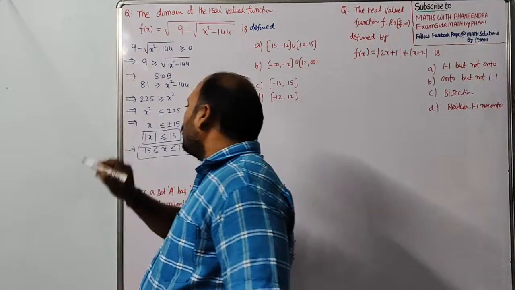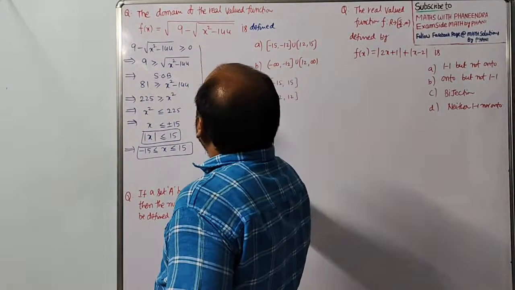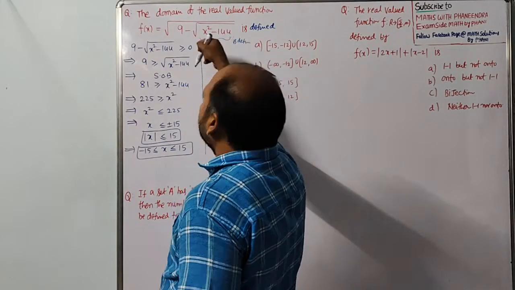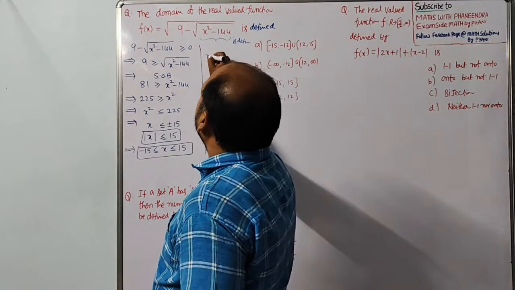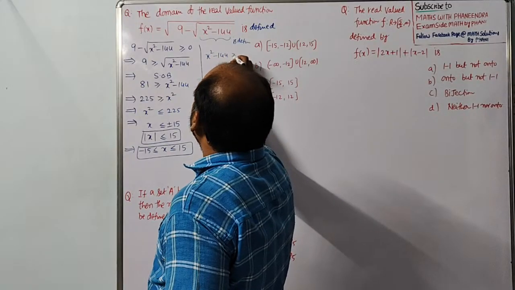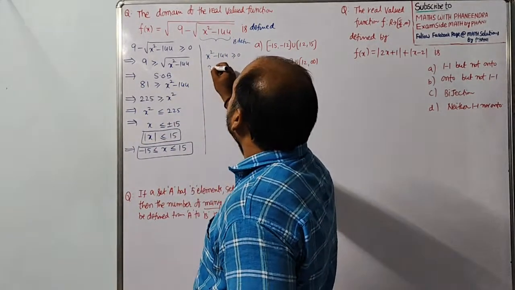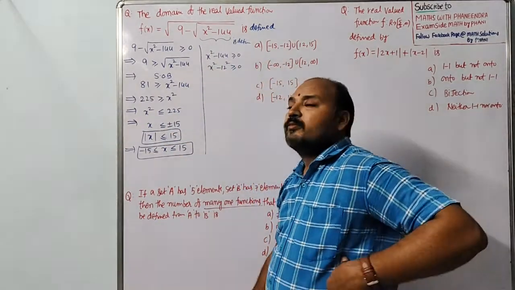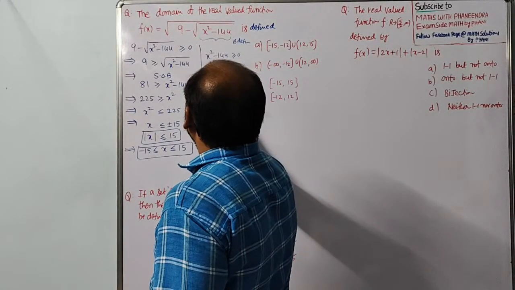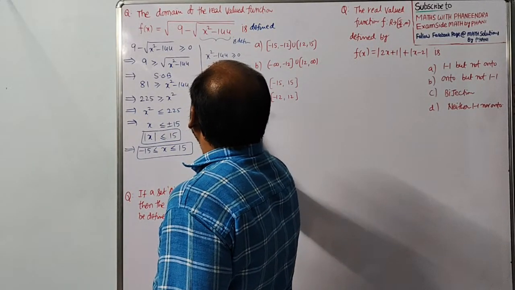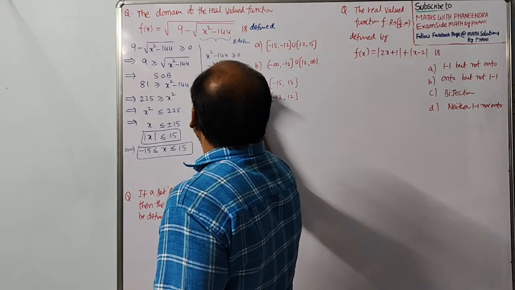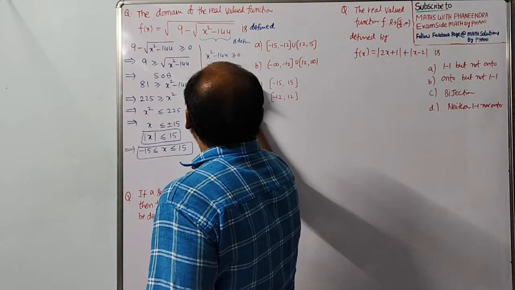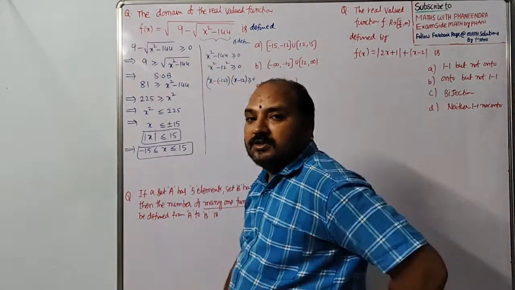So one value we got it, and again it is defined, again root value only, compulsory x square minus 144 is greater than or equal to 0. So x square minus 12 square is greater than or equal to 0. So that means x minus 12 into x plus 12 is greater than or equal to 0.